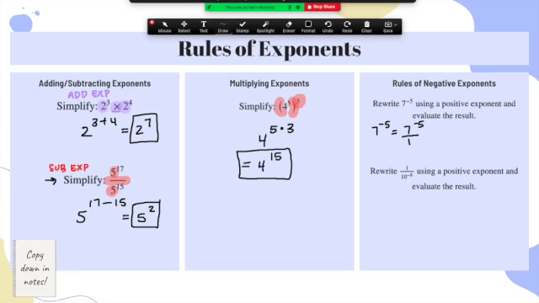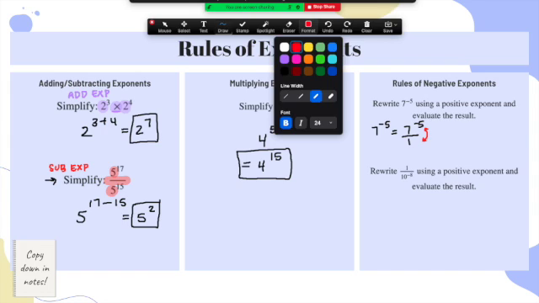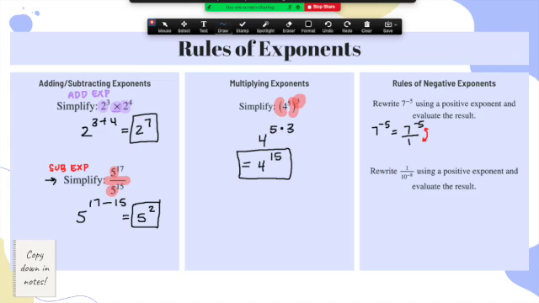Whenever we're changing a negative exponent into a positive one, all I'm doing is flipping the fraction around. So instead of having 7 to the power of negative 5 over 1, I'm going to get instead 1 over 7 to the power of positive 5. So by flipping it, we change our sign into a positive 5.